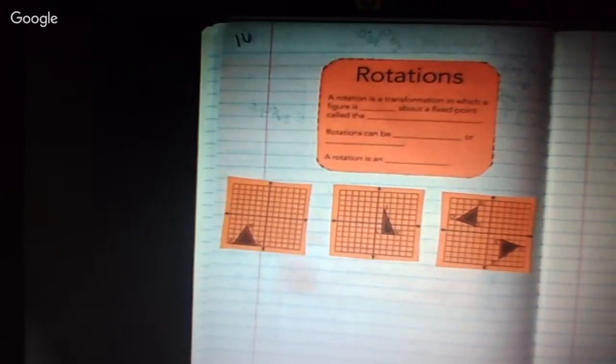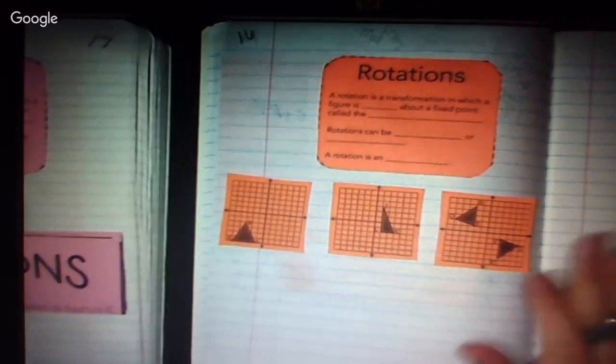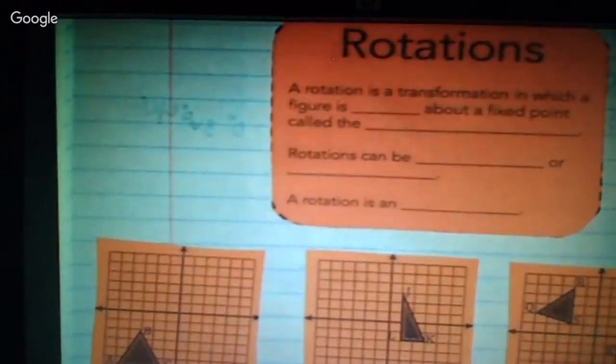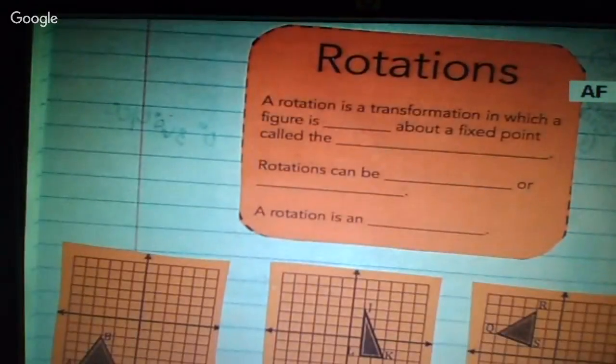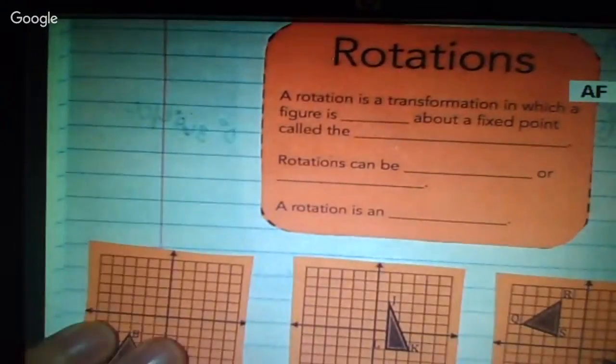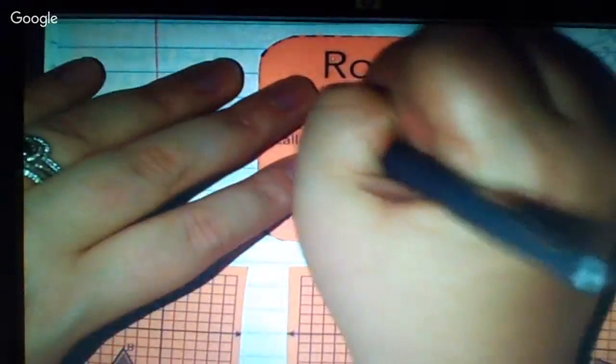A rotation is a transformation in which a figure is turned about a fixed point. So this first blank is turned.